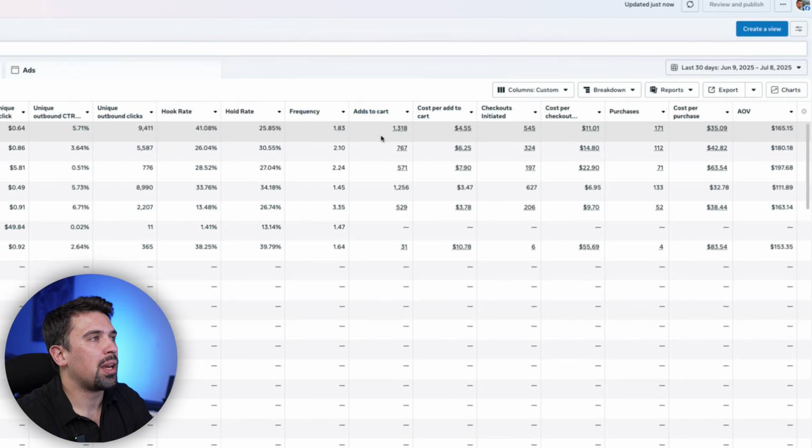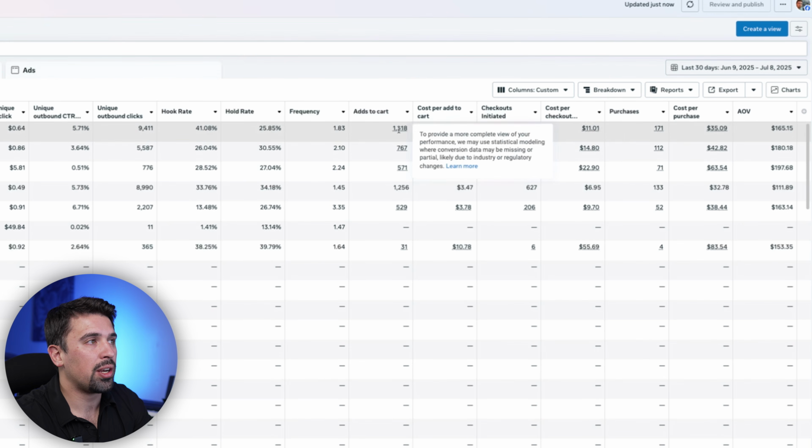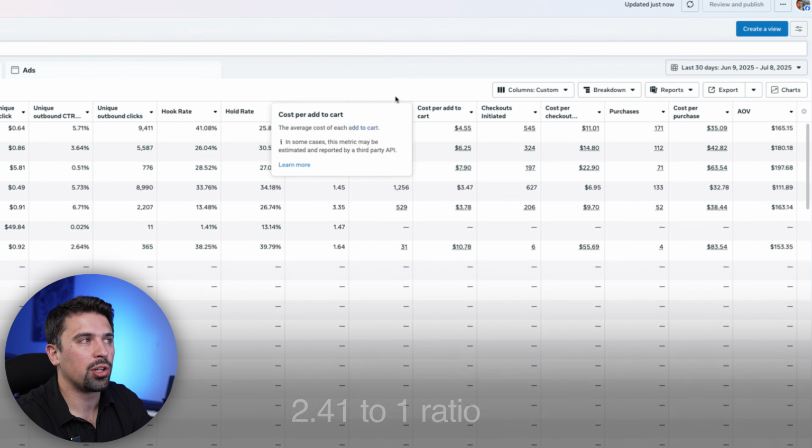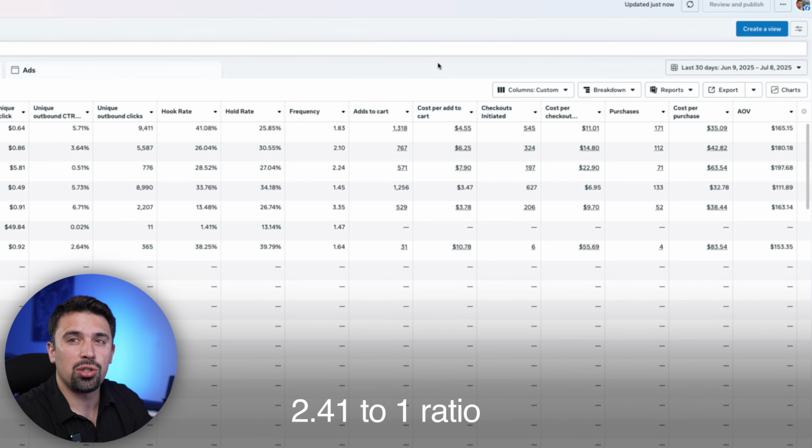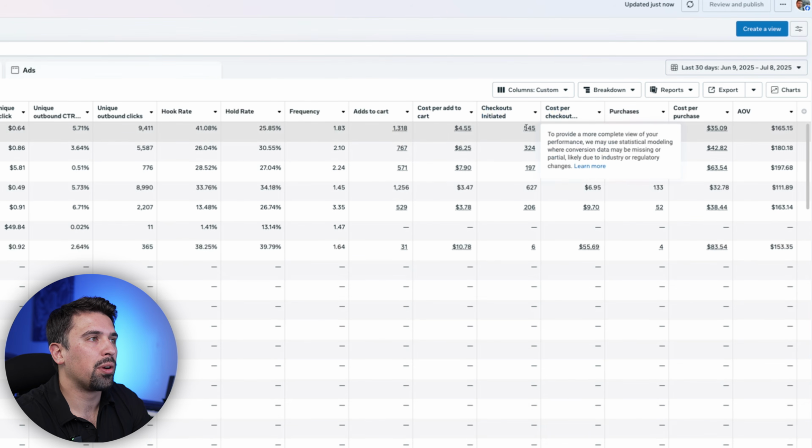In this case, we have 1,318 adds to cart, and we have 545 initiate checkouts, right? So for me, this is a pretty good ratio. It's a little bit over a 2-to-1 ratio. So for every 2 adds to cart, we get 1 initiate checkout. That's pretty good. And then here we can see 545 checkouts and then 171 purchases.